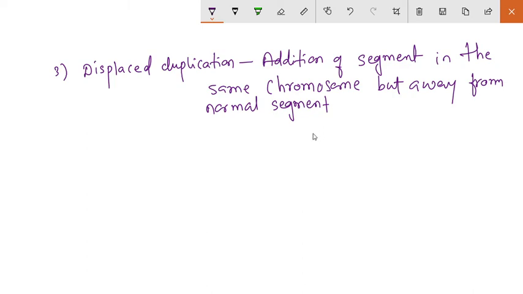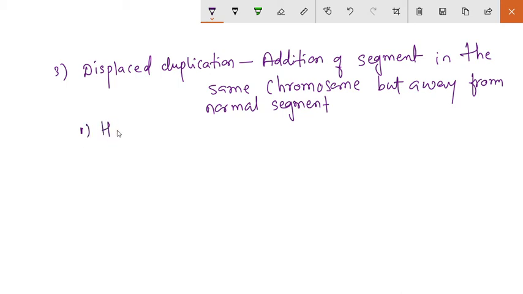If the duplicated portion is on the same side of the centromere, then it is called as the homobranchial. Okay. So the displaced duplication, there are two types.